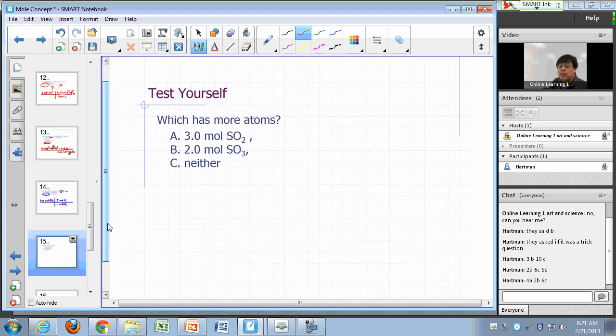How about this one? Which has more atoms? 3.0 moles SO2 or 2.0 moles SO3 or neither? More atoms, okay?